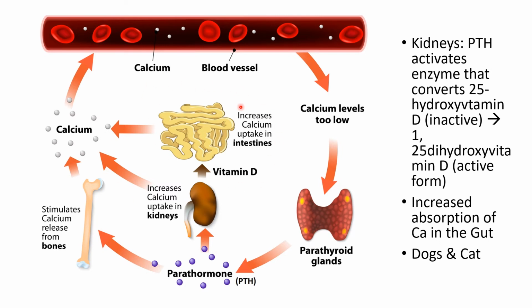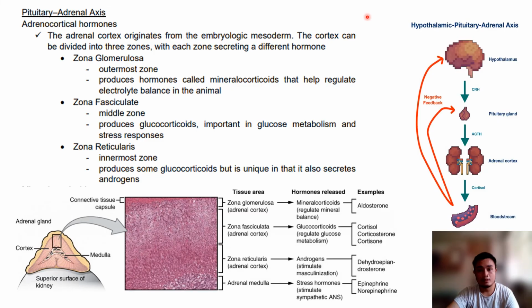Primarily, it increases the absorption of calcium in the gut. Now, this is very important in animals that do not have the ability to convert inactive vitamin D to active vitamin D through their skin, primarily the dogs and the cat. So, in concert with the parathyroid hormones, and through the effect of parathyroid hormones actually, vitamin D plays a role in your calcium homeostasis.